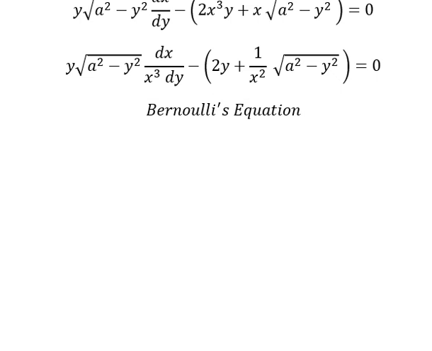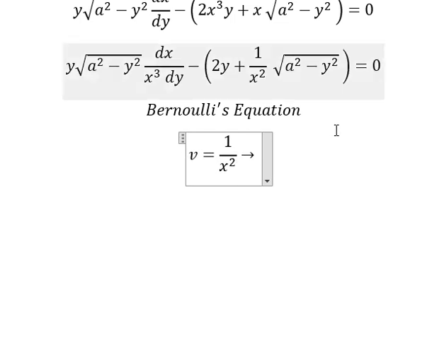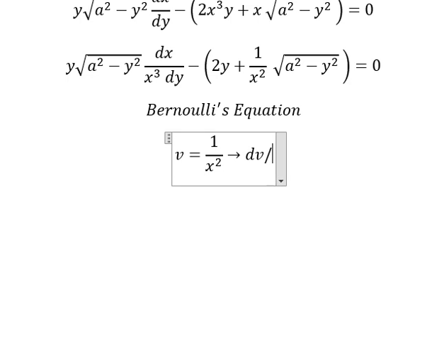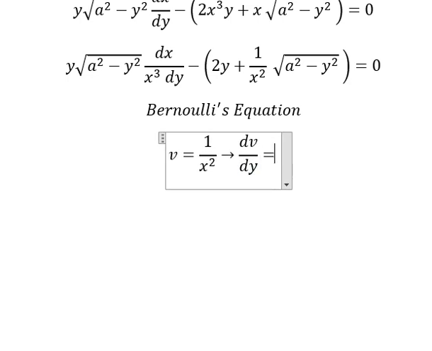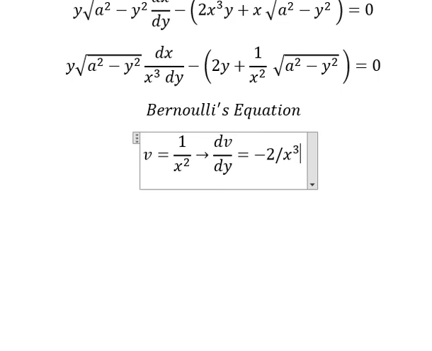So I will put v equal to 1 over s squared. And later we need to do first the derivative for both sides. And we have like this.